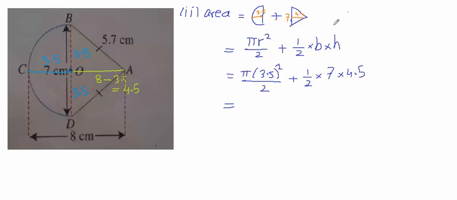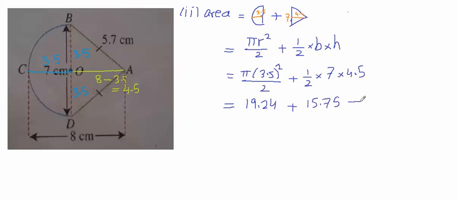See it again. The semicircle has the area pi r squared over 2, plus the area of the triangle, half base times height. The semicircle has the radius 3.5 centimeters and the triangle has the base 7, and this is the height, which is 4.5, 8 minus 3.5. Just putting the values here, half times 7 times 4.5 and pi times 3.5 squared over 2. Now using the calculator we will see the result. This part we found is 19.24 plus this part, 15.75.